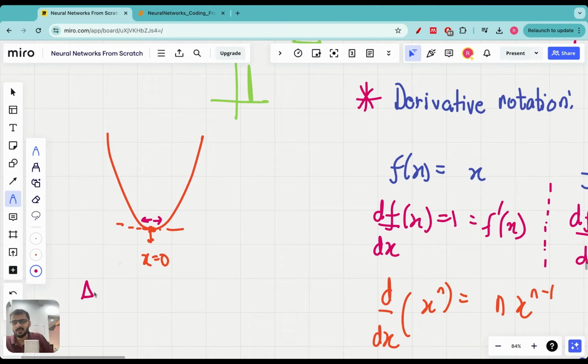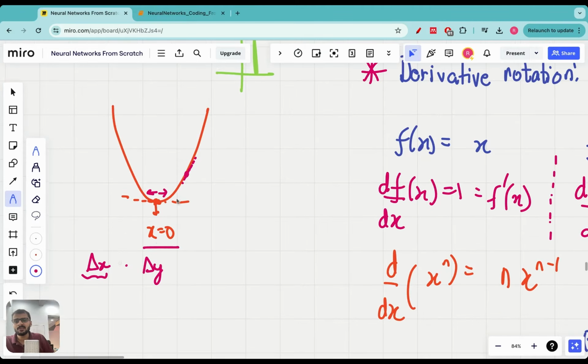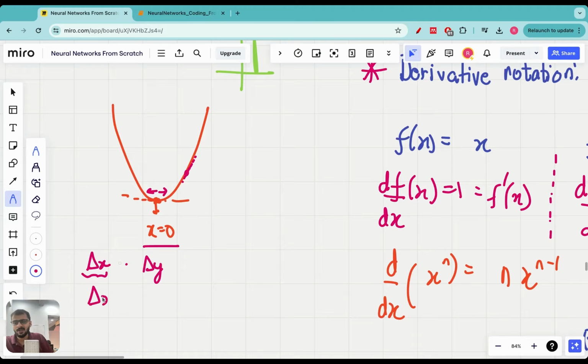So a small increase or decrease, or a small change in x, is not going to lead to too much change in y when x equal to 0. However, if you go on increasing x, so if x equal to here, then if you look at the tangent, the slope is higher. This means that if I take a small change in x in either direction, it will lead to a greater change in y compared to x equal to 0.